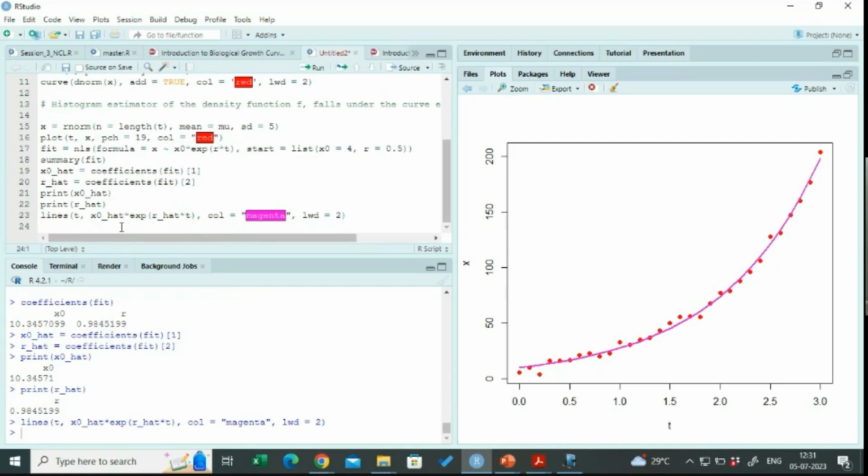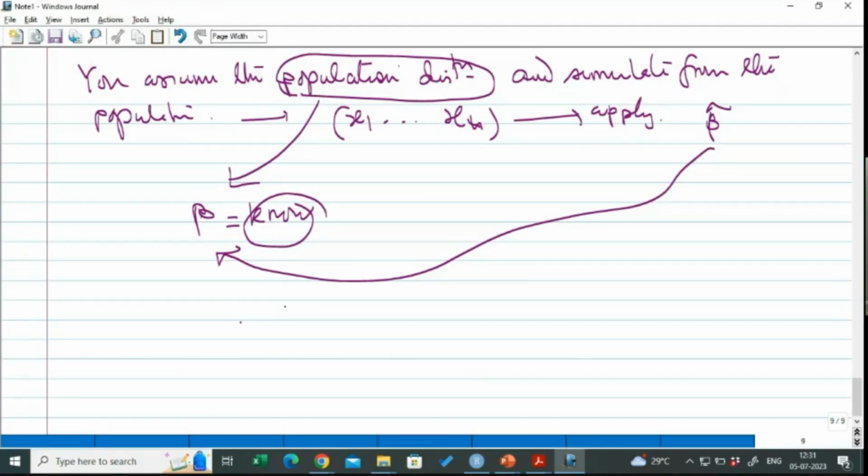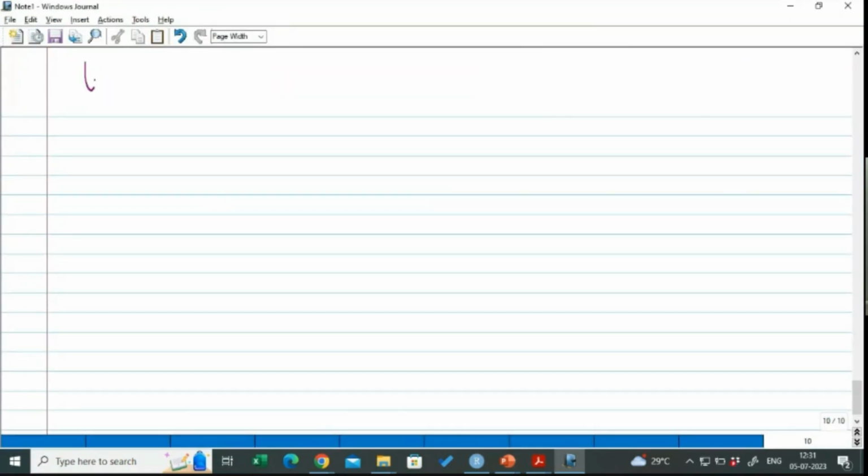Okay, the idea is very simple. What has been done over here is that you have the observations ti and xi, for i equal to 1 to n, right? These are the observations that you have got, and you want to fit a model of this form: x equal to x0 e to the power rt.